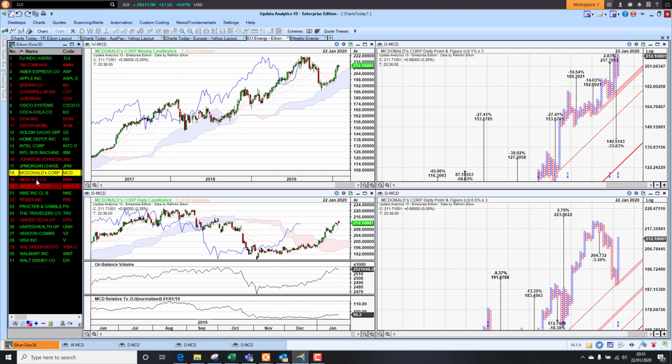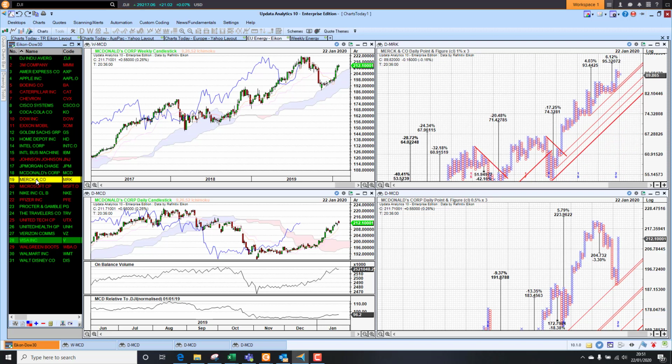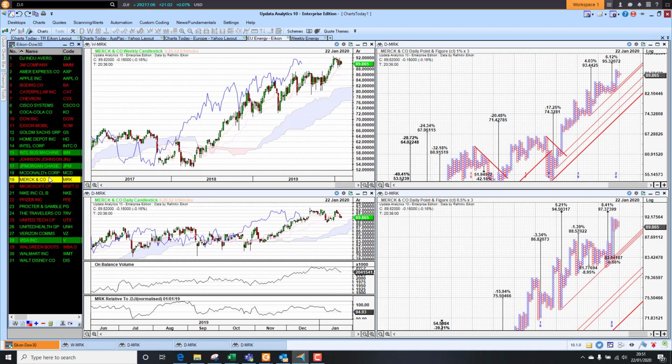So probably okay, but just not enough to make it into the top 10. Merck actually almost made it into the top 10, but just that the targets are not quite high enough. So there's just stocks with more upside potential based on these targets, and we are just seeing the relative underperforming, so Merck doesn't quite make it in.